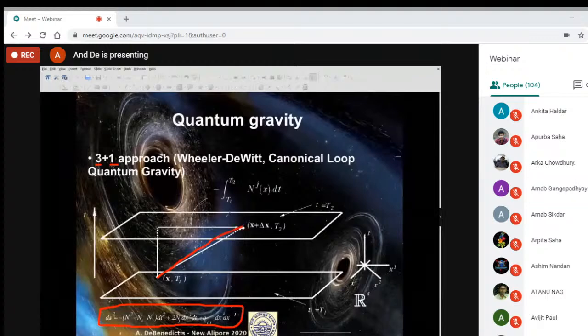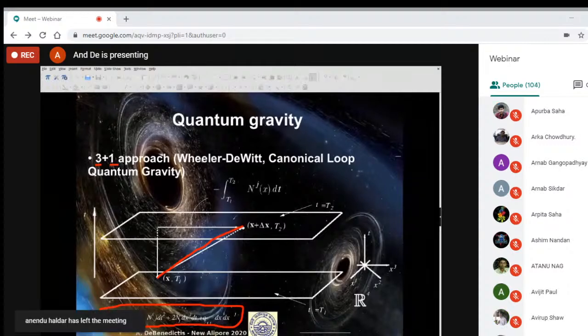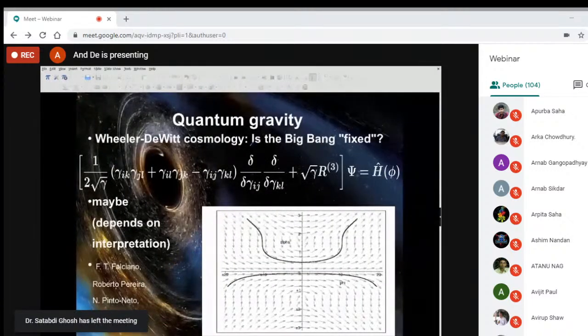And that's basically the idea in these canonical approaches. You look at the 3-dimensional spatial geometries as they evolve through time. It's not wholly satisfactory, this approach, but it's a good start. So what I will look at first is, I will just summarize a few results here.